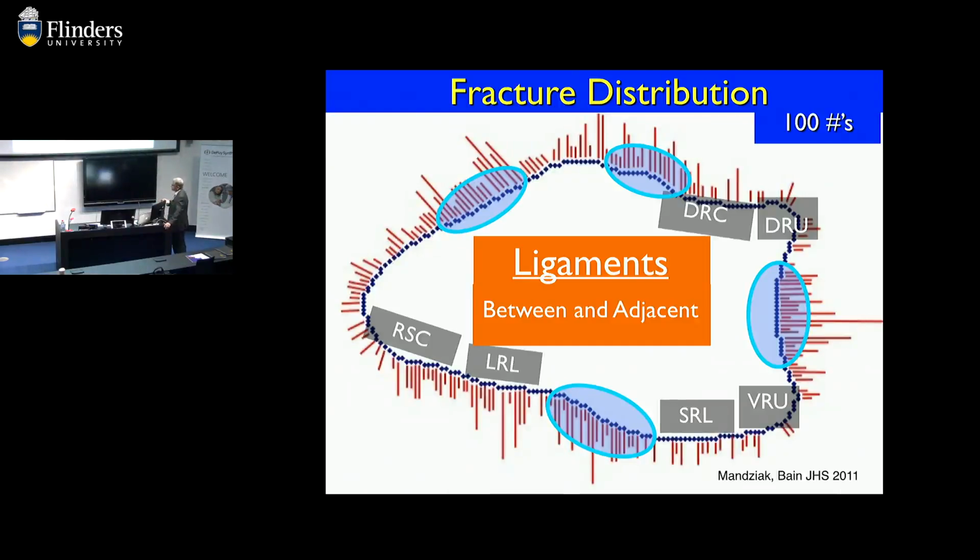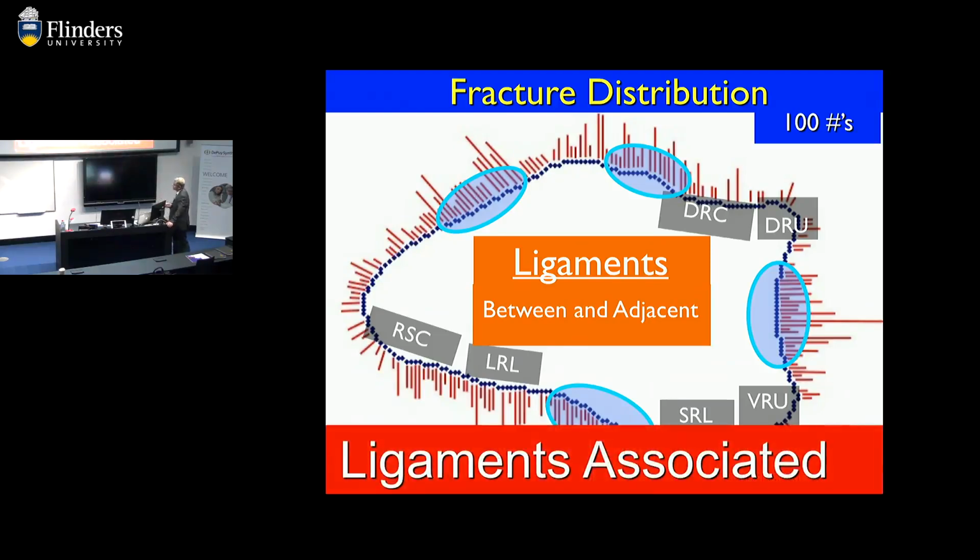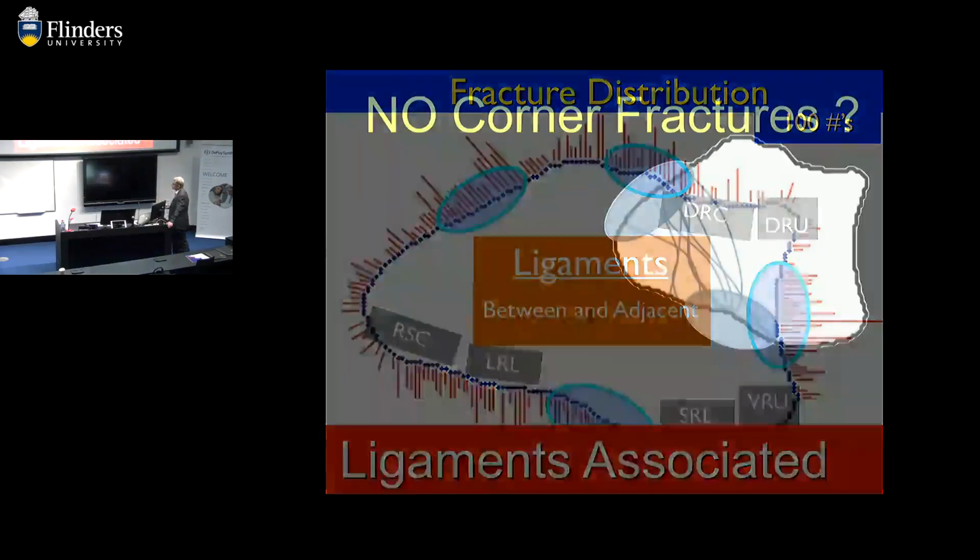But I think the most important message that we got was that where the ligaments were tended to be less fractures, and so the fractures tend to occur between the ligaments. This is, I think, an important finding, not just for distal radius fractures, but in fact all fractures. So the ligaments are associated with the location of the fractures.